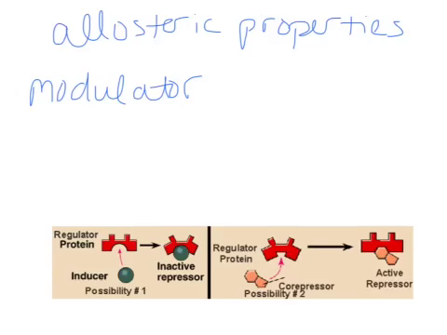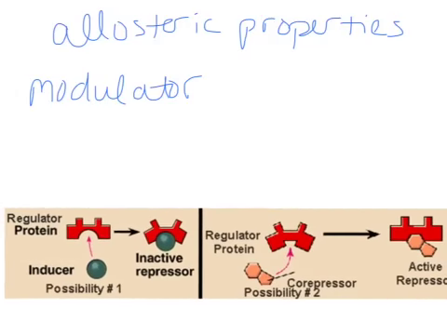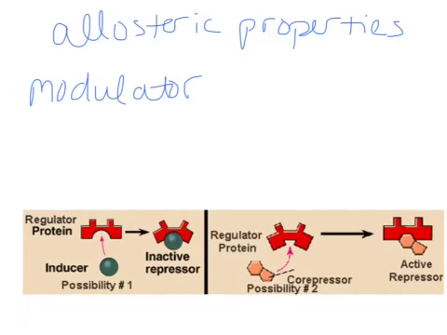For instance, if you look at your possibilities down here with these pictures, when I look at possibility 1, I can see that I've got my regulator protein. My modulator, in this case an inducer, is going to change the shape of that site. It's going to widen up that site when it binds. So that would be an allosteric property. That repressor is changing shape.